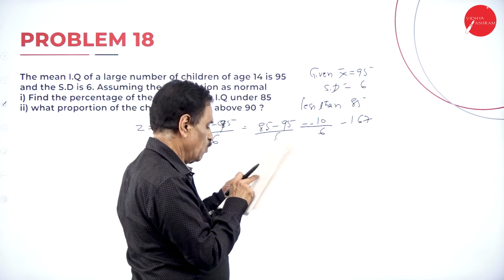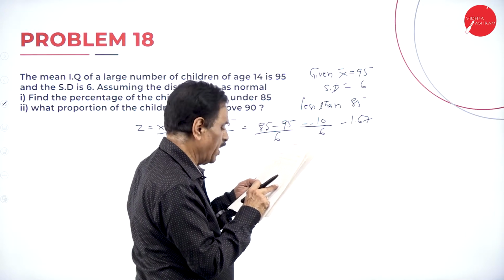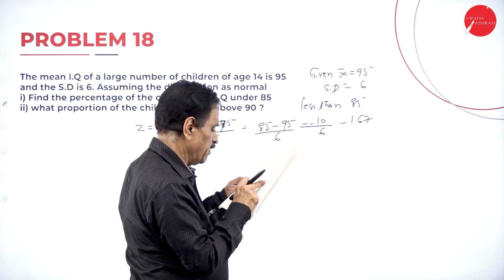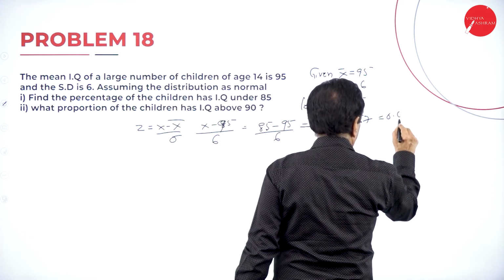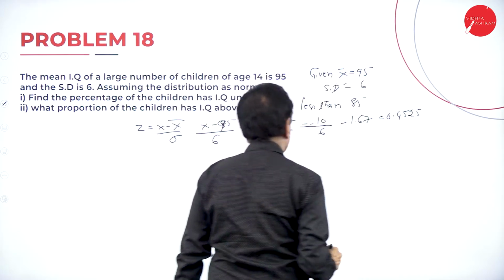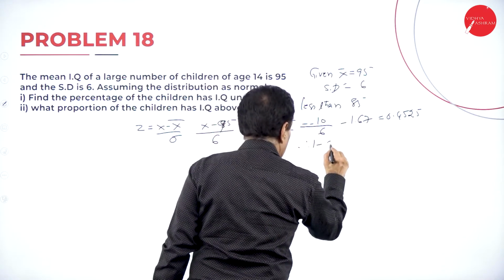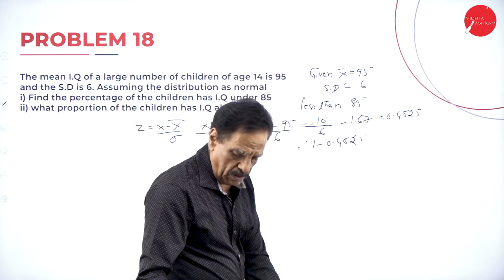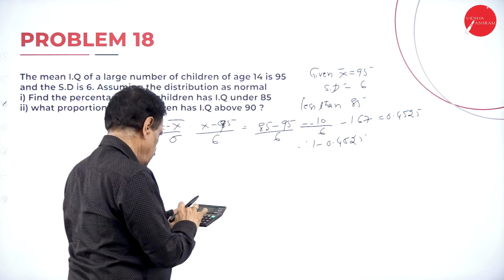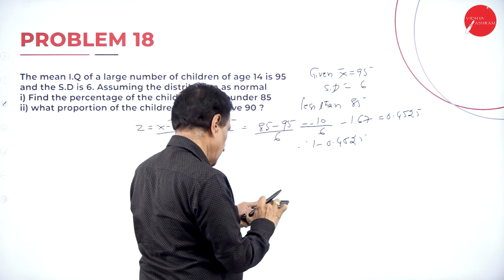The table value for 1.67 is 0.4525. Therefore, 1 minus 0.4525.